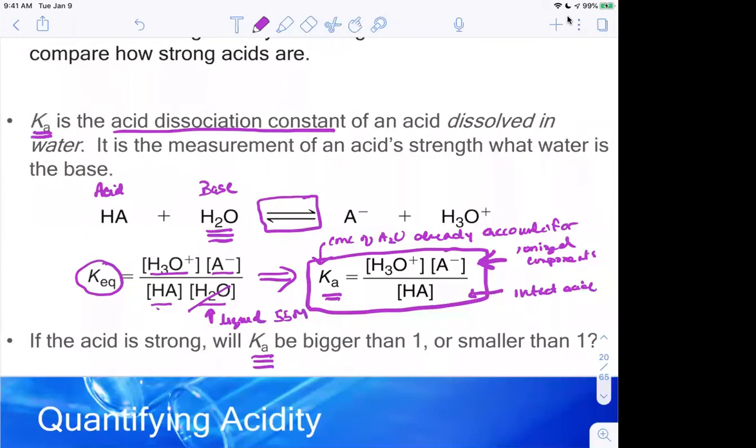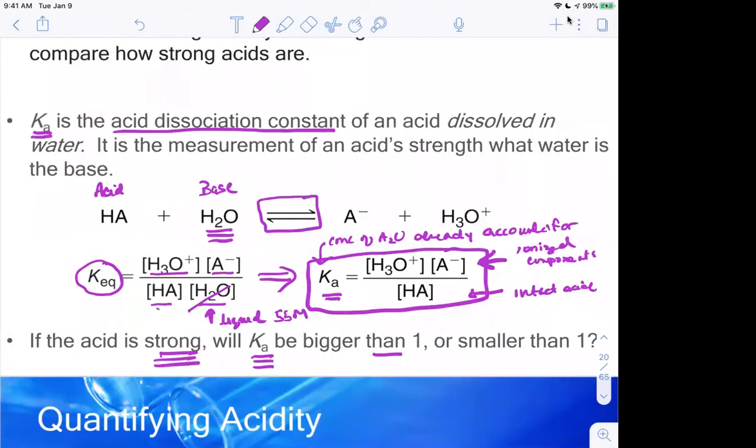Based on what we just talked about, strong acids are going to fully ionize or dissociate to A minus and H3O plus. That means the concentration of those ions is going to be much greater than the concentration of the intact acid, because basically that's going to be a really small number, or 0. So if the acid is strong, my Ka is going to be large.